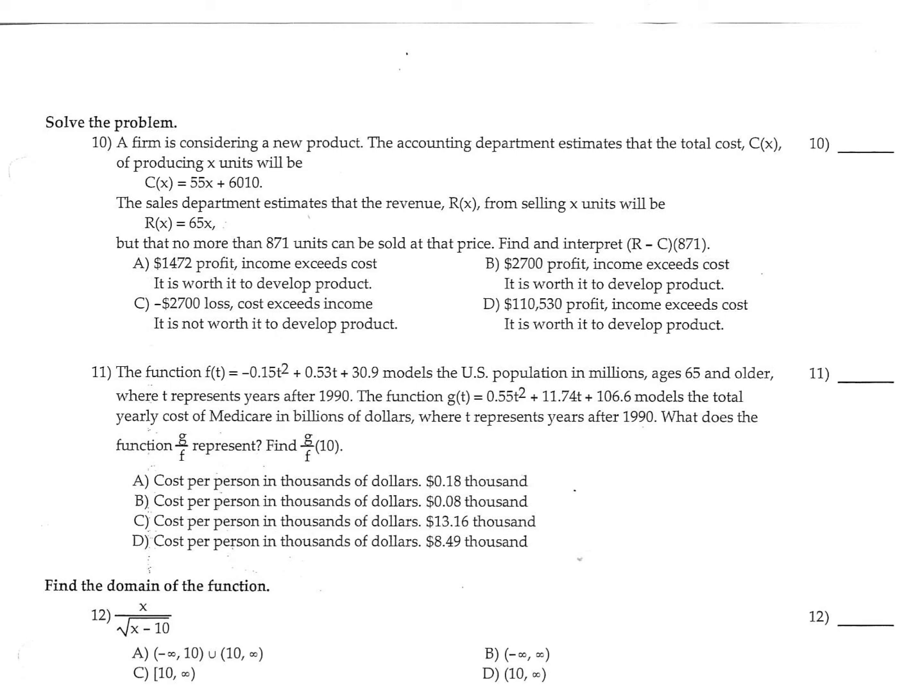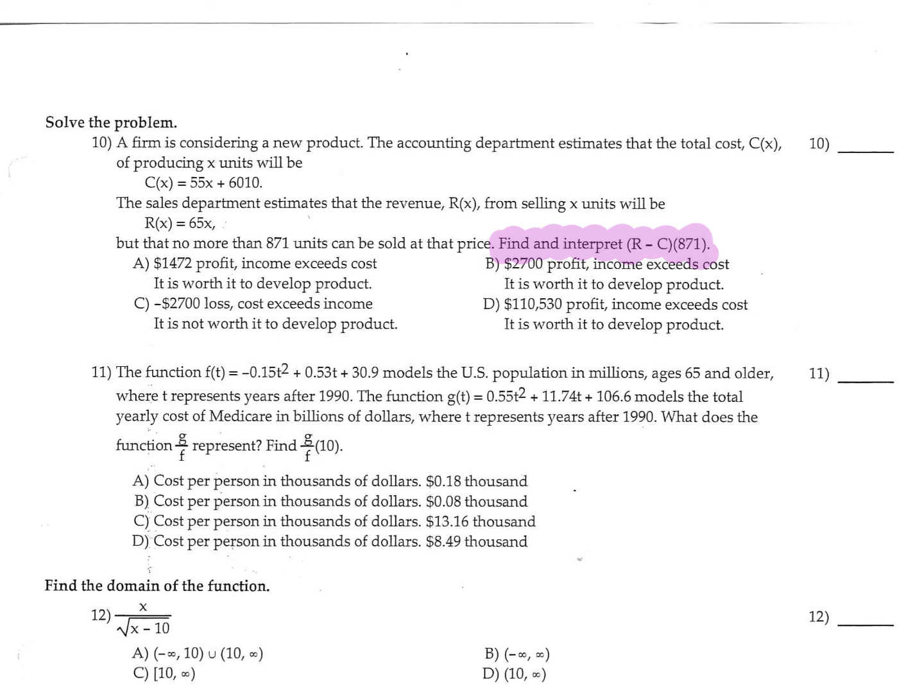They ask us to find and interpret R minus C of 871. All I need to do to interpret this is to evaluate R of 871 and subtract from it C of 871. All we're really doing there is plugging in quantities into each of these functions and subtracting their results.